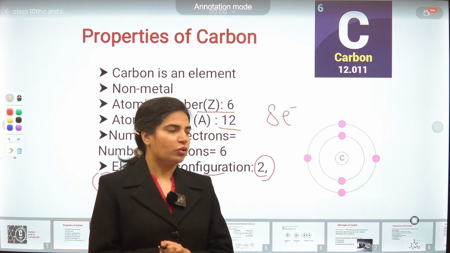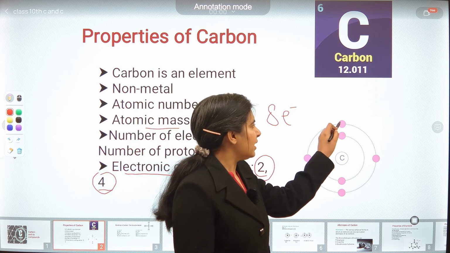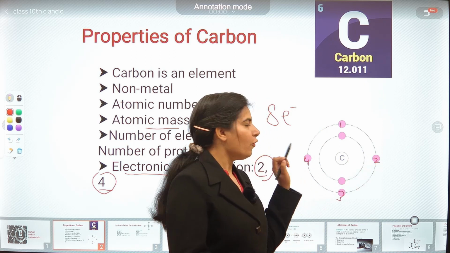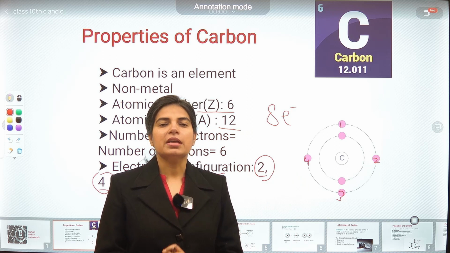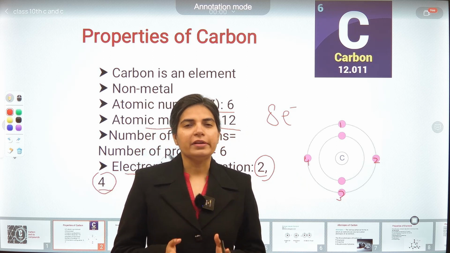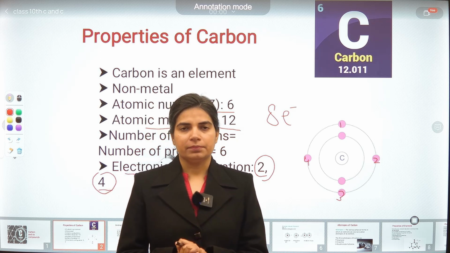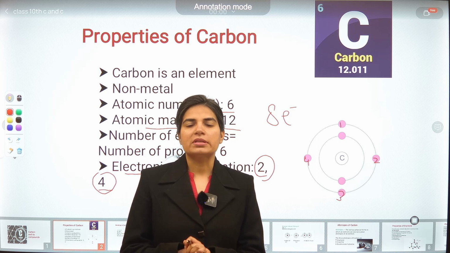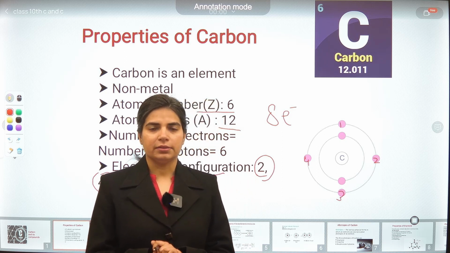And in the case of carbon, carbon is having 1, 2, 3 and 4 electrons in its outermost shell. So it means the octet of carbon is not complete. Carbon requires 4 more electrons in order to complete its octet.